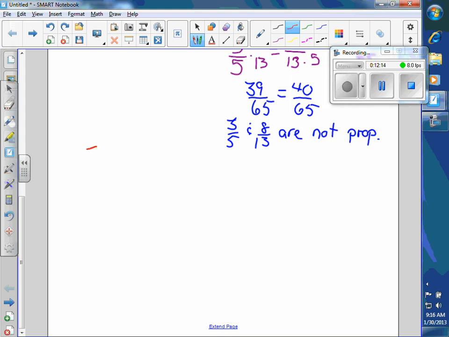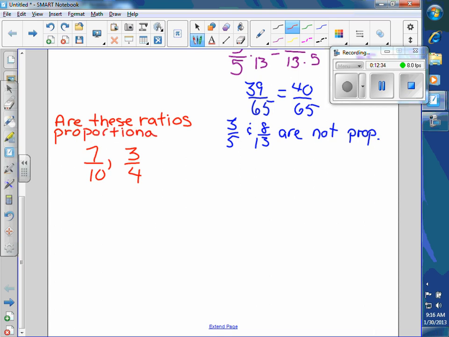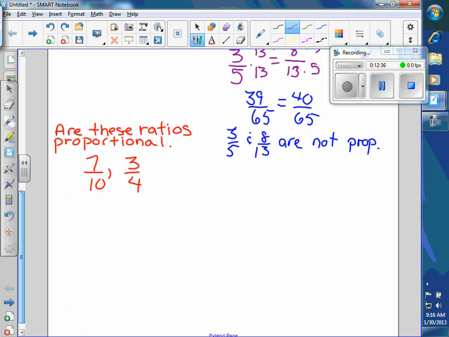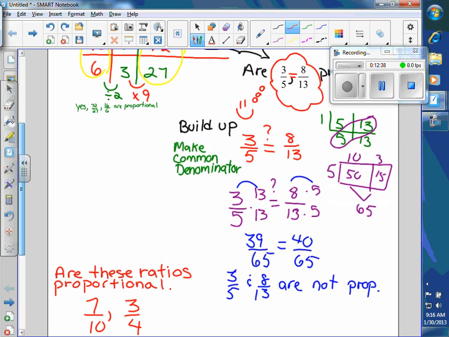Like maybe you would see 7/10 and 3/4, and you might ask, are these proportional? So we could reduce down and build up if it's possible.